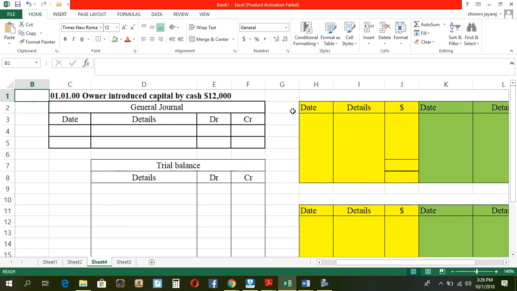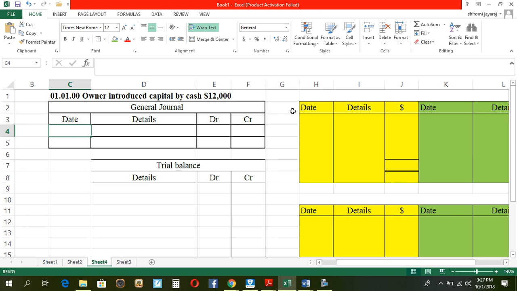Last class we learned there are three ways the owner can introduce capital, isn't it? What is the first form of introducing capital? If you're going to start up a business, how will you start? There are three forms. Money. Instead of using the term money, what else can you use? Cash.